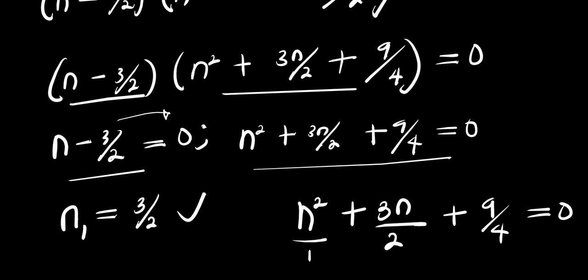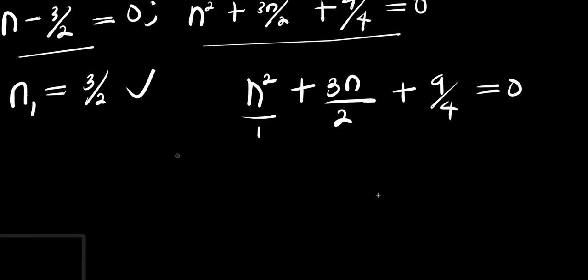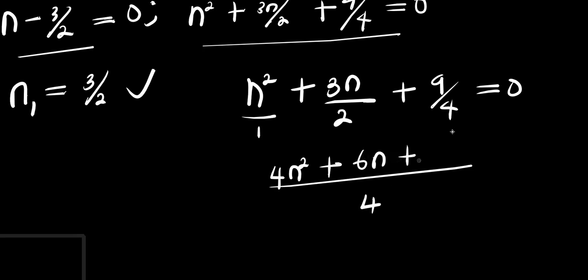So to find the LCM here, which is 4, I have 4 divided by 1, 4 times n squared is 4n squared plus 4 divided by 2 times 3n. This is 6n plus 4 divided by 4, 1 times 9. This is 9 equals, this also is over 1, 4 divided by 1, 4 times 0, this is 0.